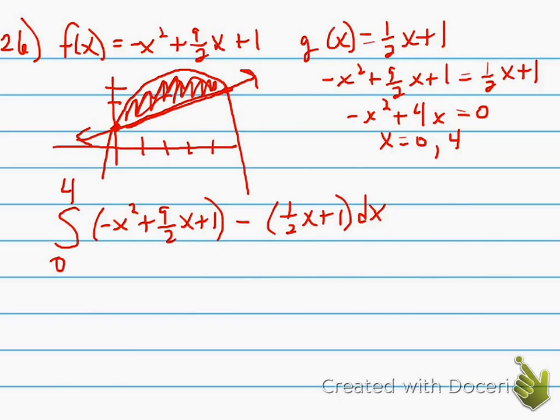I simplify and do the algebra here, so I end up with 0 to 4 of negative x squared plus 4x. And I think you guys have noticed that this simplified equation that you integrate always ends up being the equation that you get when you set the two equal to each other and solve.